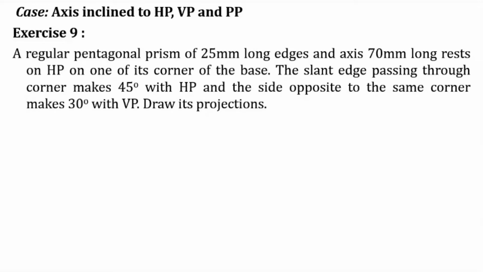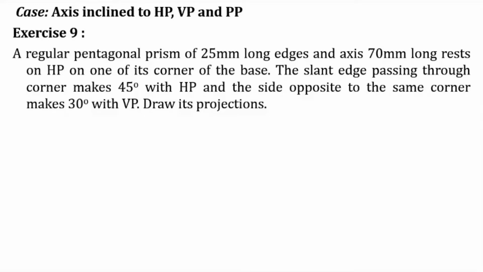So for each corner, there is an opposite edge also. Based on that, we assume that the edge opposite to the corner on which it is resting is parallel to HP.